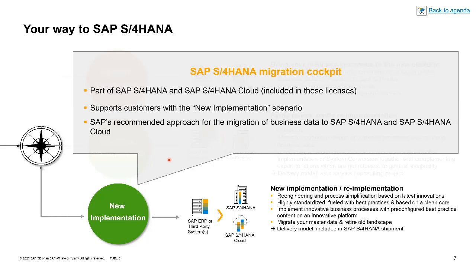And here is also the SAP S4HANA Migration Cockpit located. It is part of the SAP S4HANA license as well as the SAP S4HANA Cloud license. And regarding the data migration, it is SAP's recommended approach. And for the SAP S4HANA Cloud environment, it is the only way to bring data in.